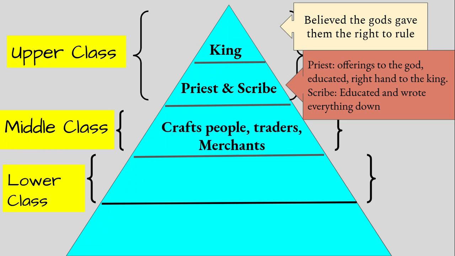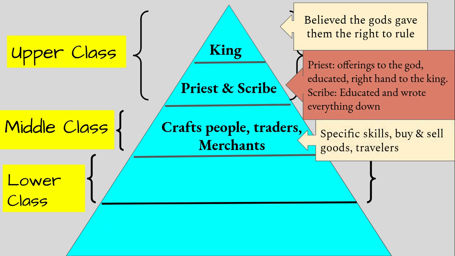You have the craftspeople, traders, and merchants. Specific skills, they buy and sell goods, and they were travelers. When we talked about innovation, we talked about the boat and how the boat was able to allow them to trade goods, move products from one location to another.